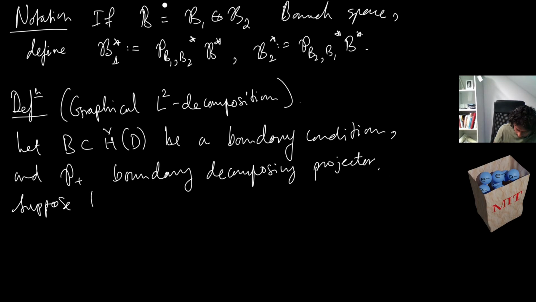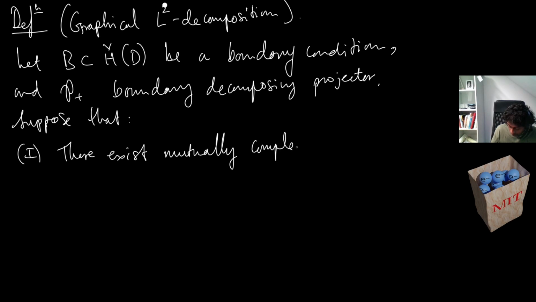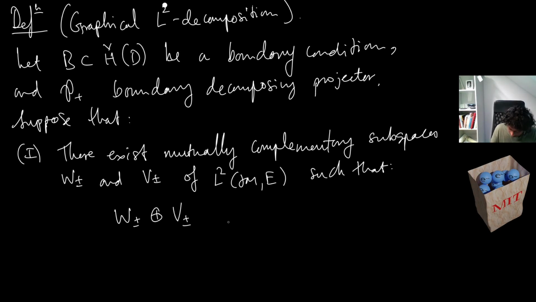Suppose that, condition 1, there exist mutually complementary subspaces W plus minus and V plus minus of L2 of the boundary such that W plus minus direct sum V plus minus are equal to P plus minus acting on L2.